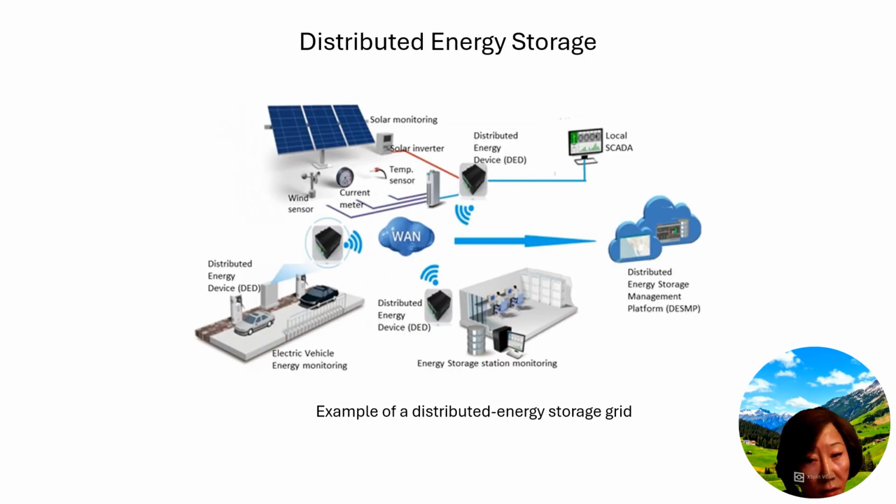All right, here's another example: distributed energy storage. Distributed power generation encompasses various sources like solar, wind, fuel cells, and gas. These sources typically have low power density and are deployed in a decentralized manner. This decentralization presents technical challenges for smart grid operators.